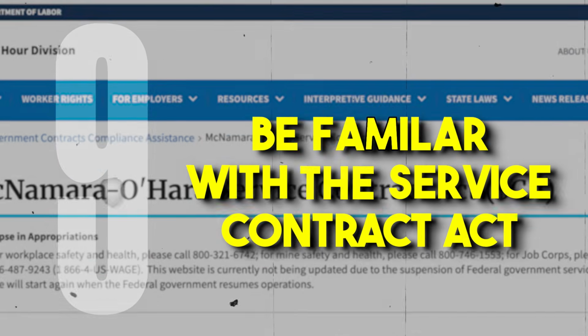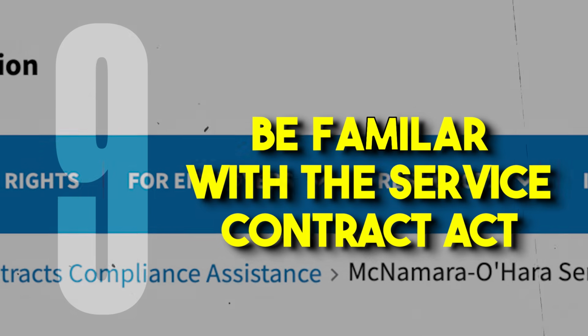One of the areas that is very neglected in this space on the conversation of pricing is the Services Act. The Services Act is an act that you all should make sure you're very, very familiar with. In essence, it ensures that certain labor categories, people are paid an equitable rate.